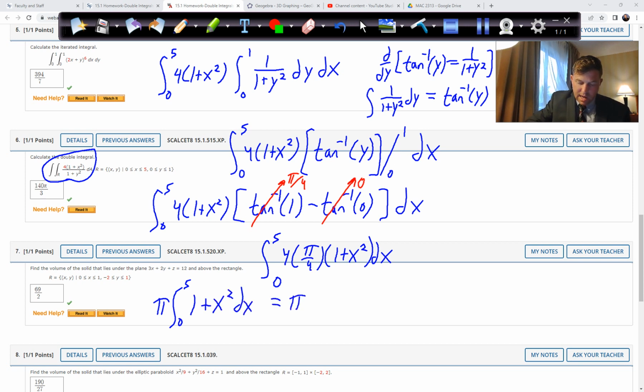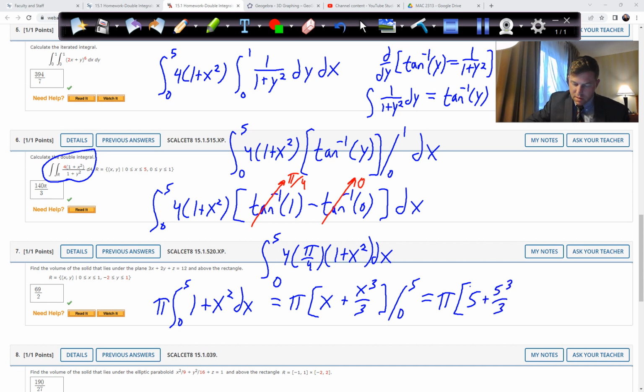That's going to equal pi times x plus x cubed over 3 from 0 to 5. This is going to be pi times 5 plus 5 cubed over 3 minus 0 plus 0 cubed over 3.